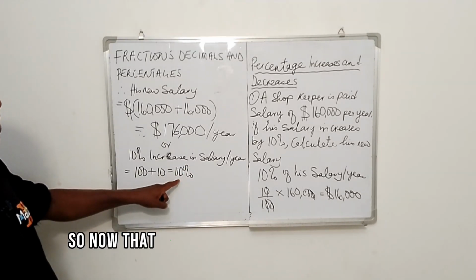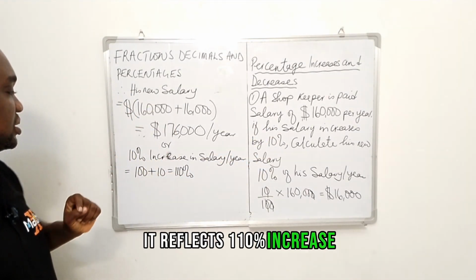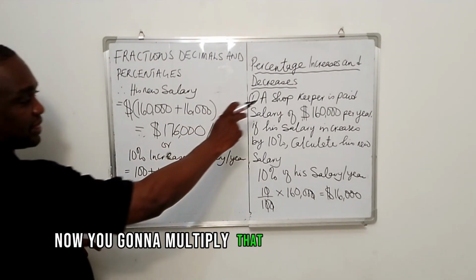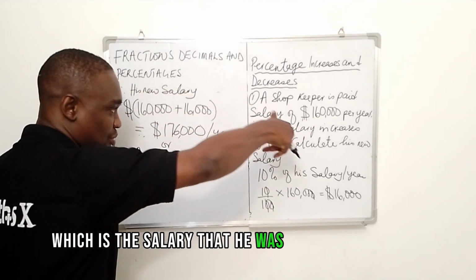So now that his salary has been increased by 10%, it reflects 110%. And you're going to multiply that with his principal, which is the salary that he was getting previously.